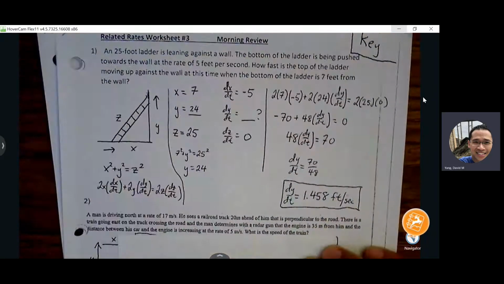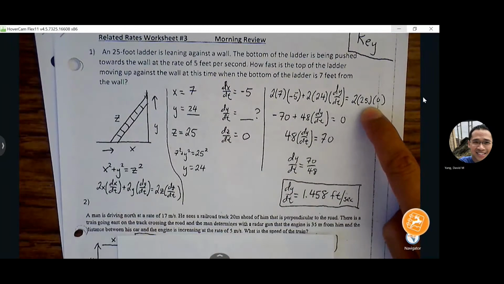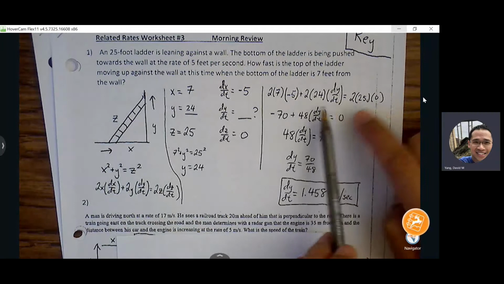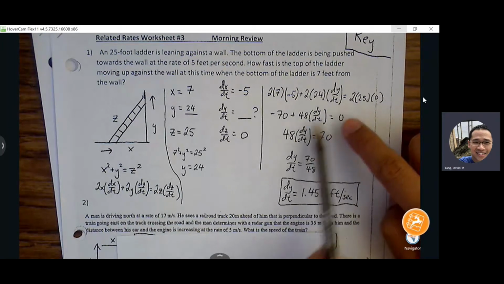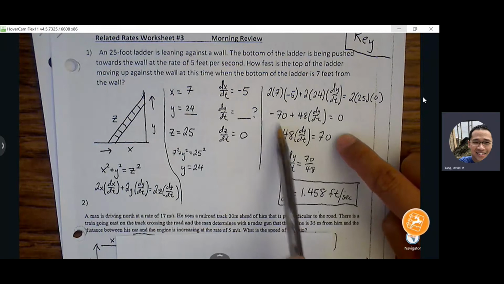Okay, how does that look here? Okay, replacing everything except for dy/dt, that's what we're solving for. And then add 70 to both sides.